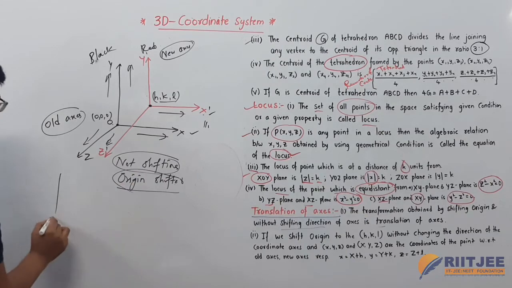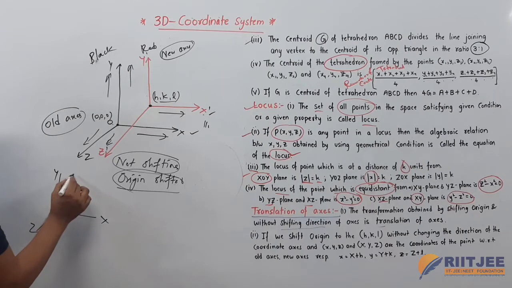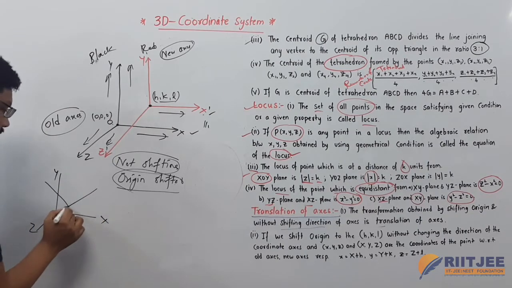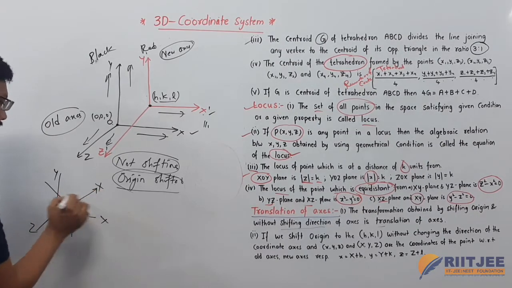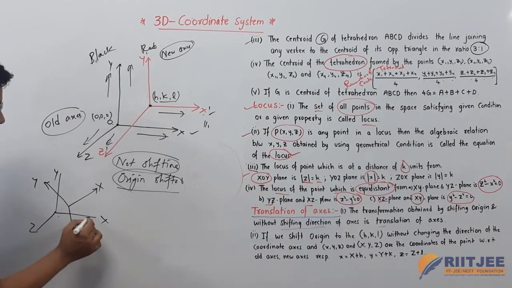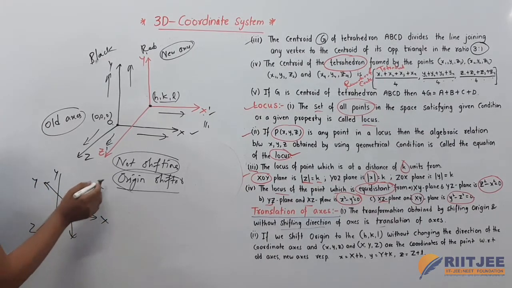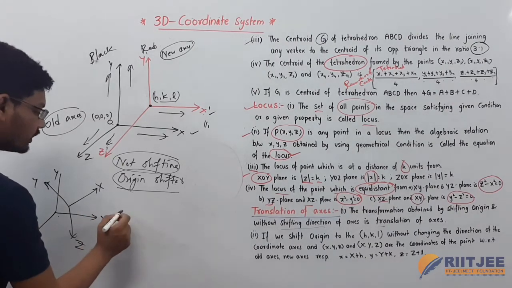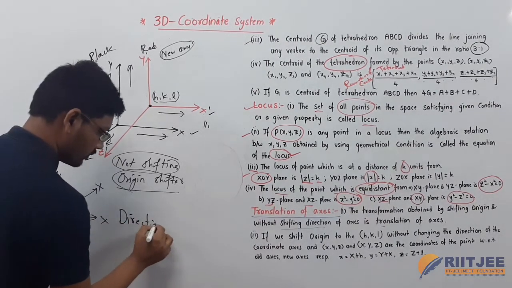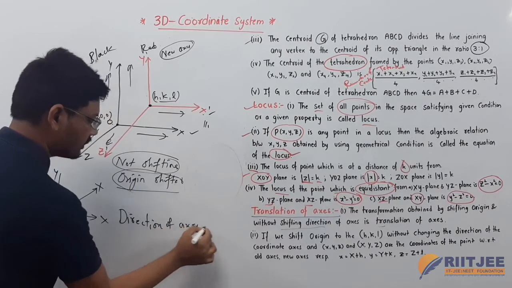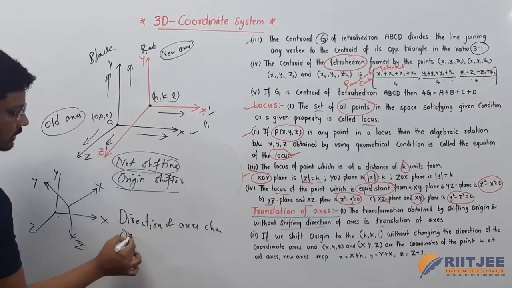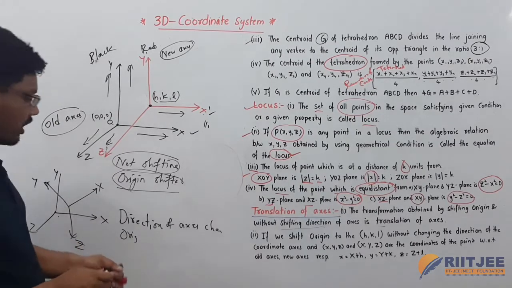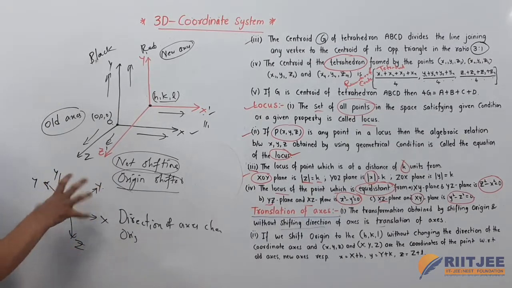So if I change like this, what will happen? This is x, y, z, and if you change like this, x will be inclined like this, and similarly y also and z also are changed. The direction of axis is changed, and origin also changed, but here we don't want to change the direction.